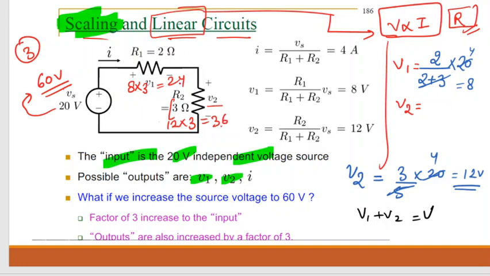So 36 plus 24 would be 60. That is known as scaling. Understood? If the input is multiplied by 3 or 4, then the output is also multiplied by the same factor. Okay? Easy?